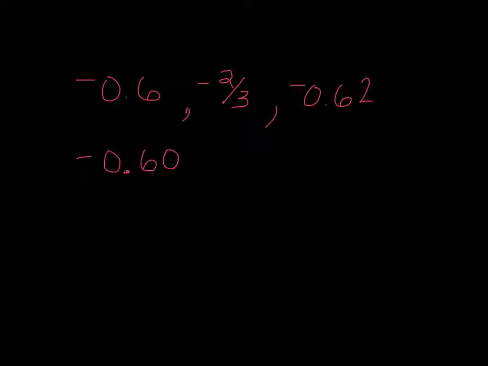So -0.6, I'm going to make negative 60 hundredths. Okay, so I have 2 decimal places. Negative 2/3 is actually going to be negative 0.6, where the 6 is repeating. So I'm going to just bring it out to 2 decimal places, negative 0.66. And the last one is negative 0.62.